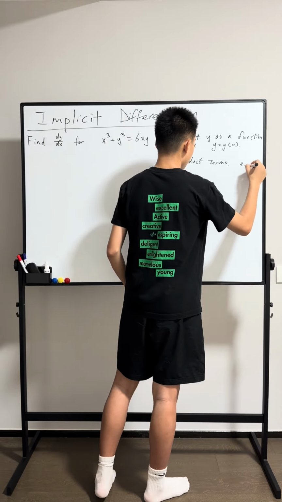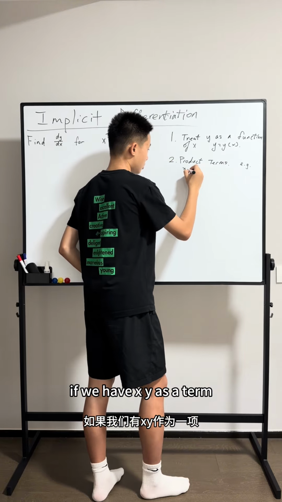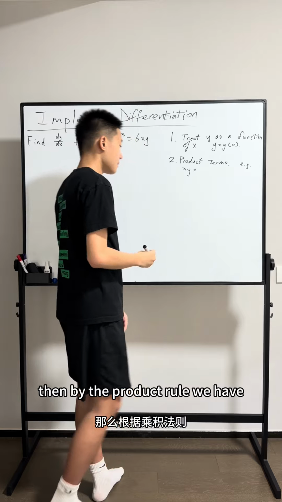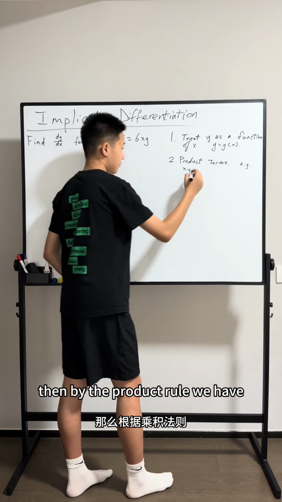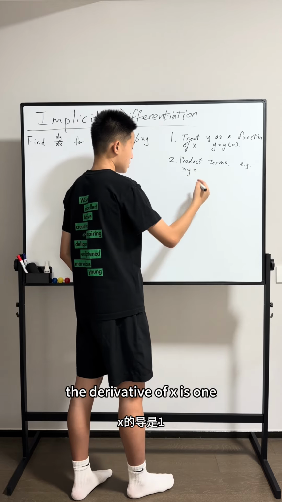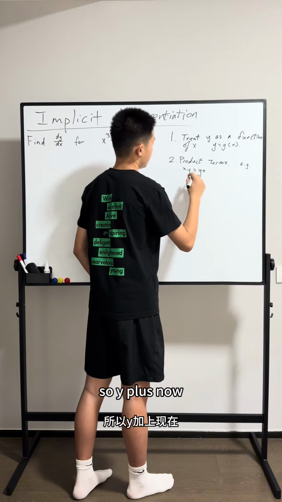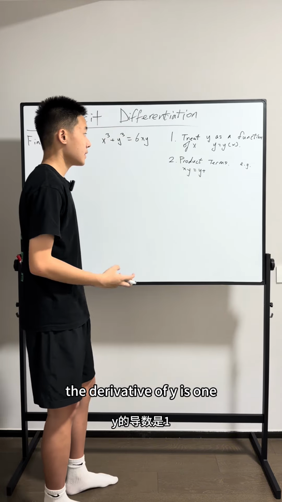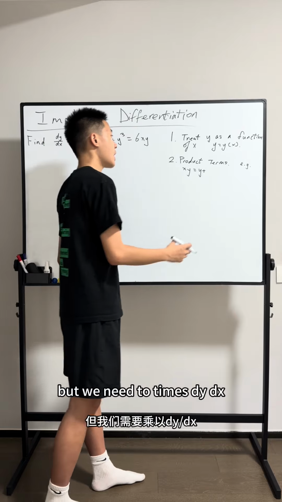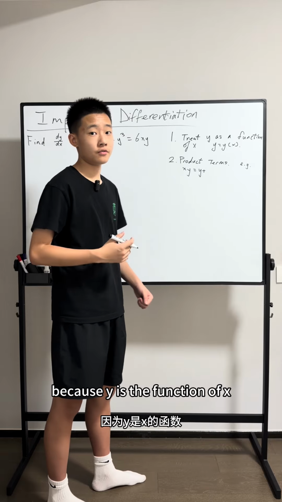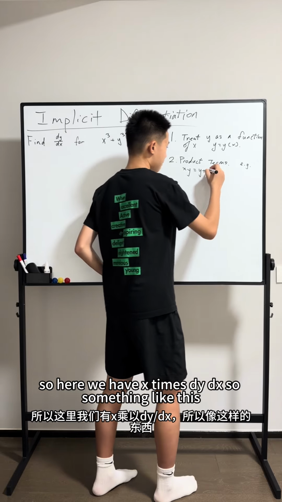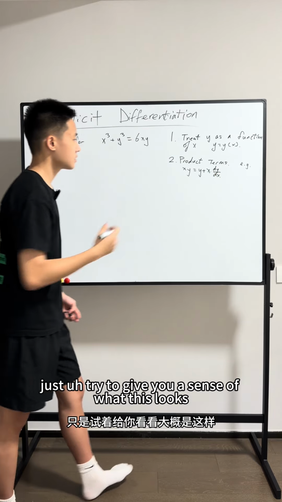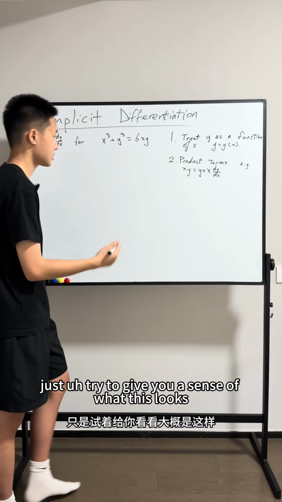For example, if we have xy as a term and we want to differentiate it, then by the product rule we have the derivative of x, which is 1, times y, plus x times the derivative of y. The derivative of y is 1, but we need to multiply by dy dx because y is a function of x. So here we have x times dy dx. Something like this, just trying to give you a sense of what this looks like.